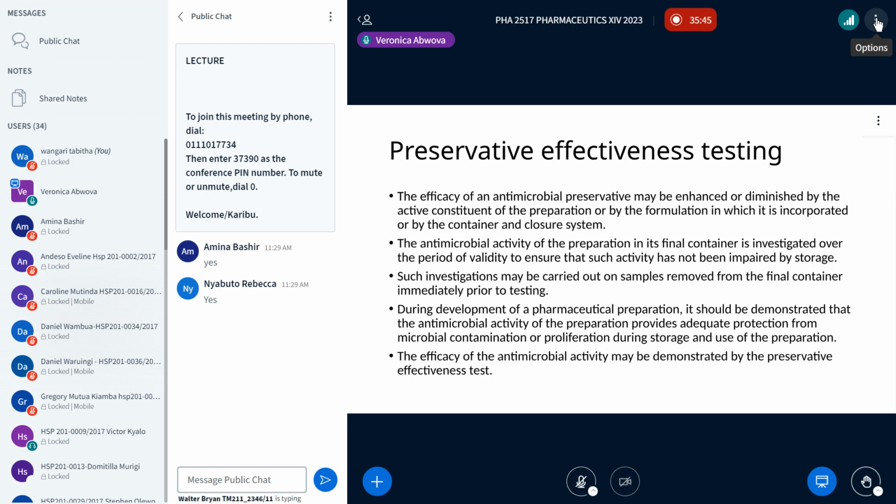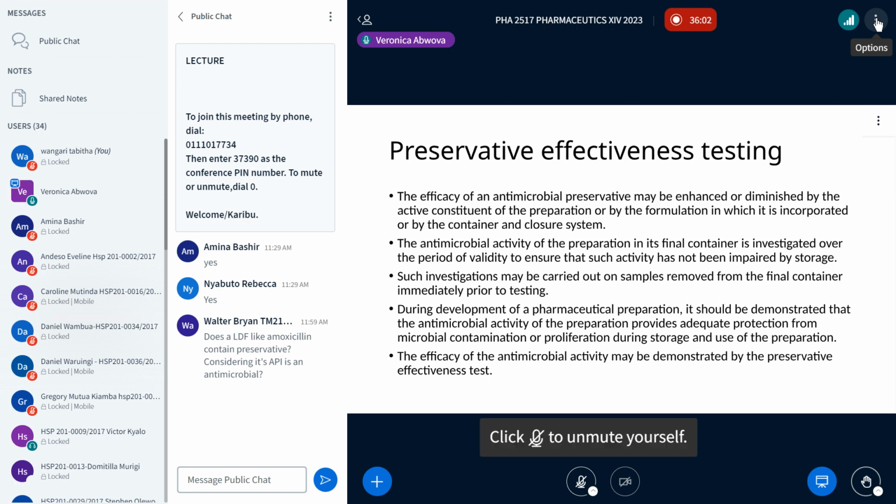So it's possible for you to have a well-balanced product. You have formulated it, you have balanced the preservative in it. Question: does a liquid dosage form like amoxicillin contain preservative, considering its APIs and antimicrobial? This is actually what we are talking about. Most of the antibiotics, you can look at the antibiotics online.